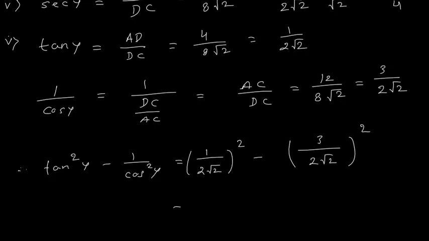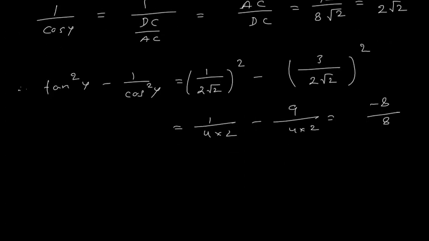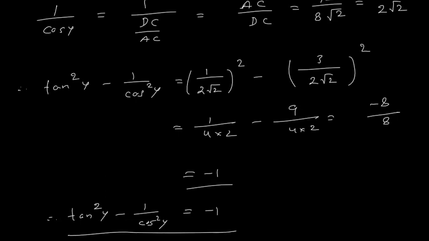This is equal to 1 upon 8 minus 9 upon 8, so this is minus 8 upon 8. Now minus 8 upon 8 is what? Minus 1. So therefore tan square y minus 1 upon cos square y will become minus 1. This is the required answer.